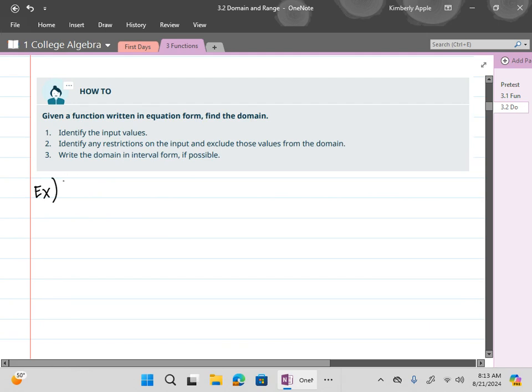All right, so example number one, find the domain of the function f of x equals x squared minus 1.